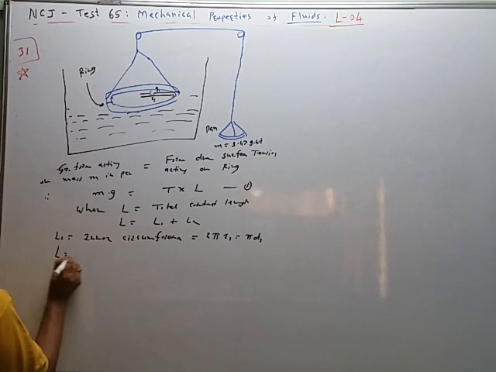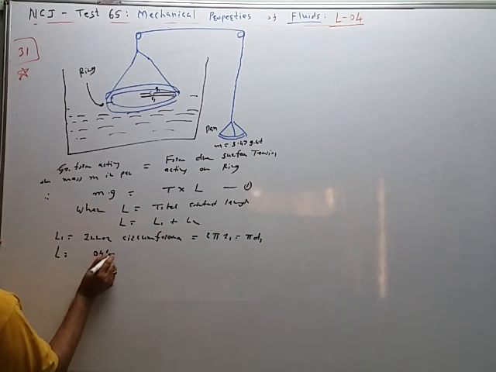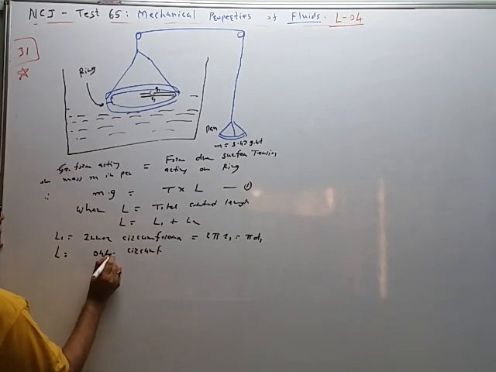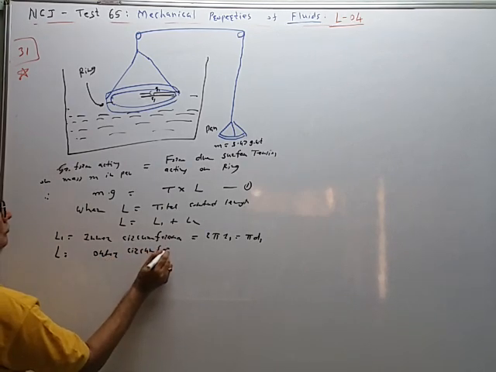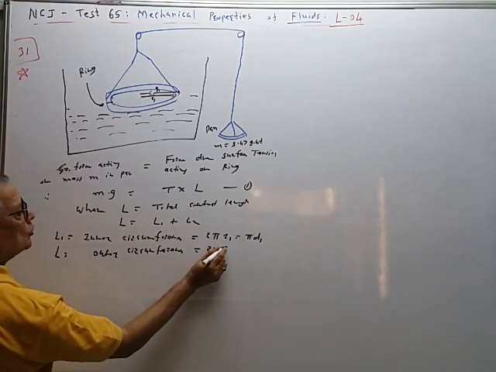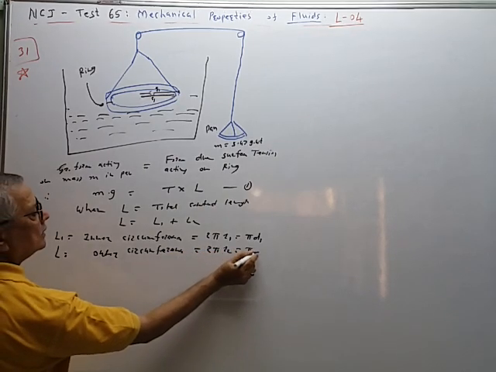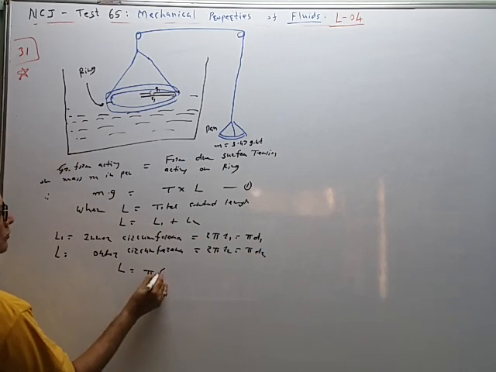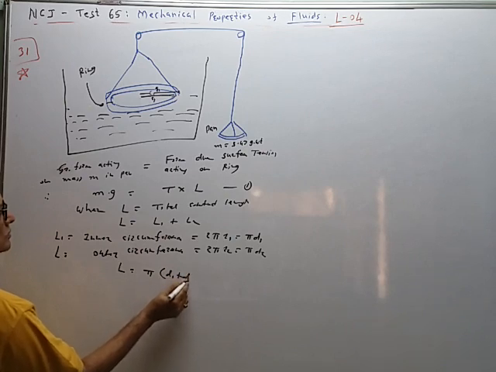L2 is equal to outer circumference is equal to 2 pi r2 is equal to pi into d2, and therefore L is equal to pi into bracket d1 plus d2.